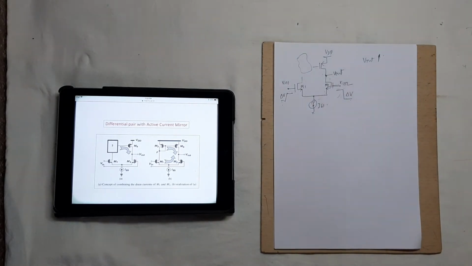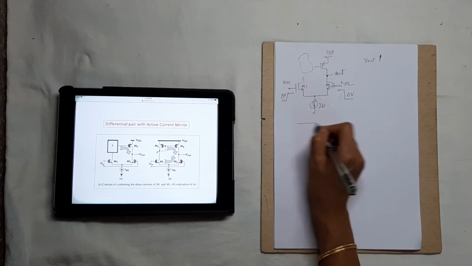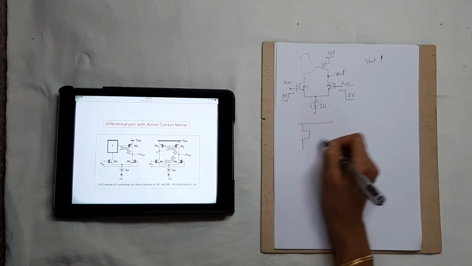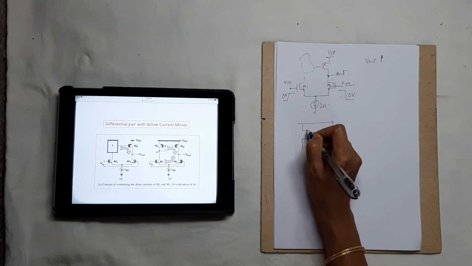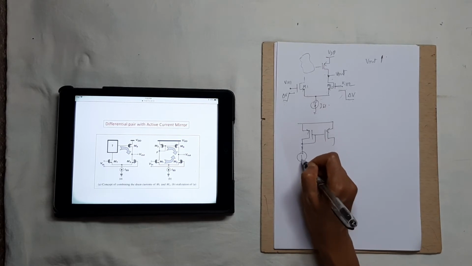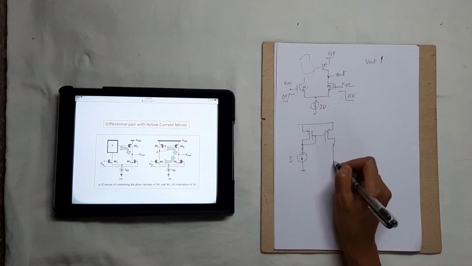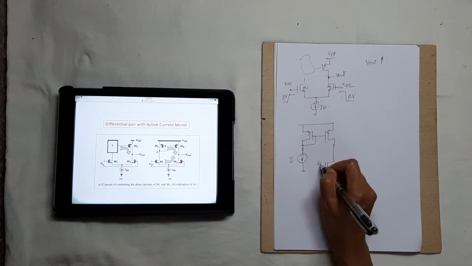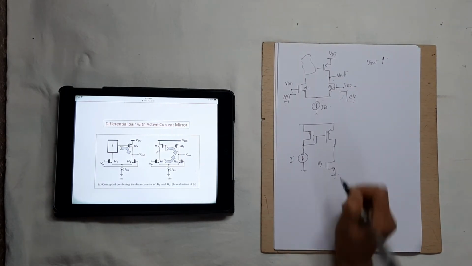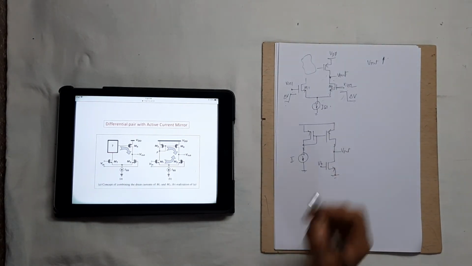Let us see another circuit where we have the current mirror circuit with a PMOS transistor. So let us consider that circuit. We have two PMOS transistors and there is a current source of the value I, and we have one more current source which is applied with the bias voltage, which is the N transistor, and from this point we are taking the output voltage.